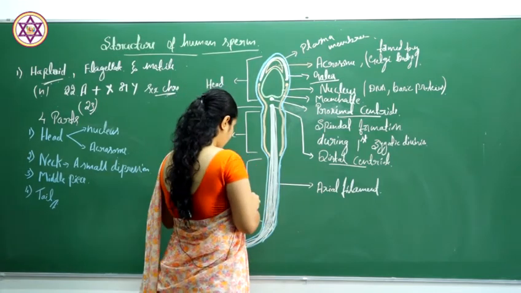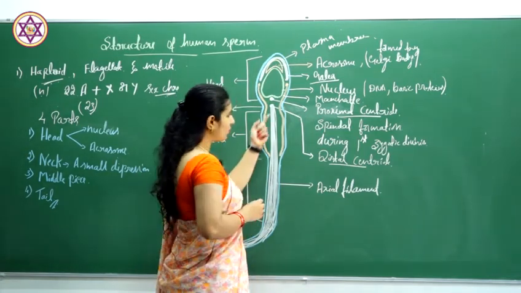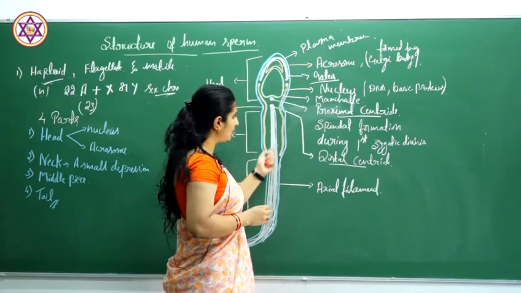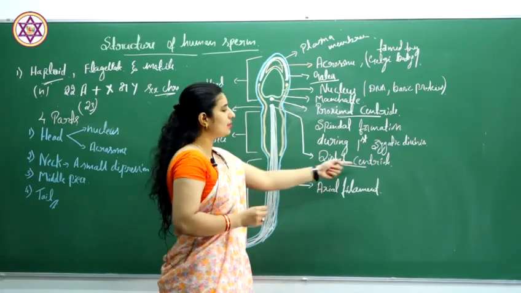And here, as I told you before, this is the axial filament which is formed from the distal centriole.